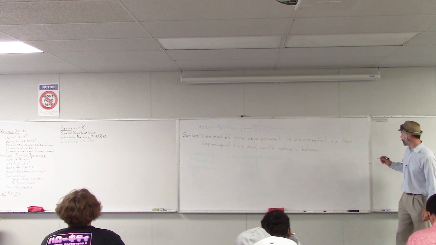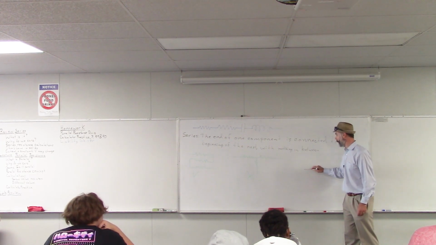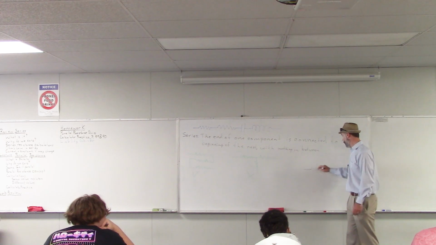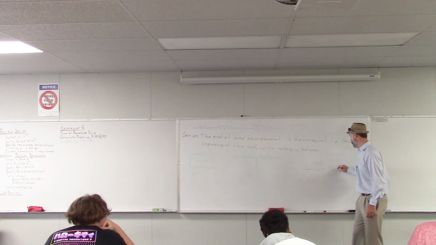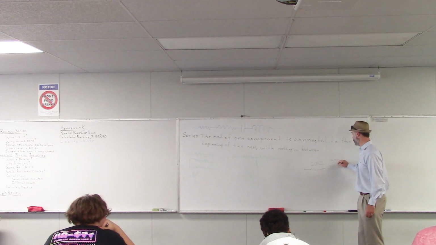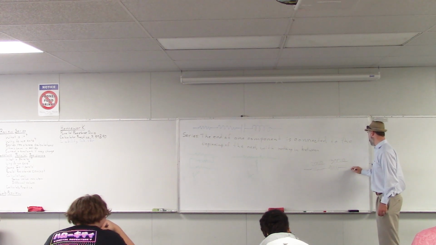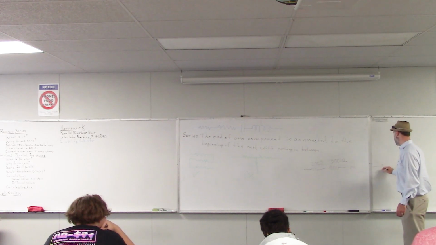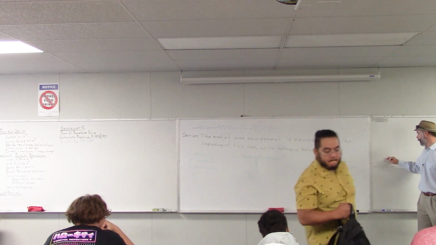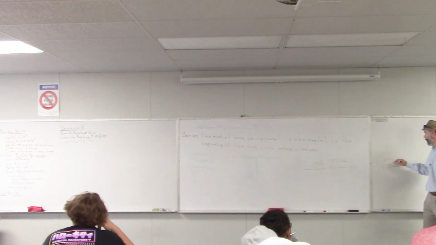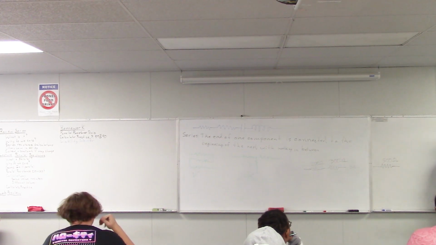So if you have something like this, and you have 200 ohms, and another one that is 300 ohms, that would be equivalent to a single resistor. And what would the value be for that one? Yeah, 500 ohms. Okay? So that's how we calculate resistance in a series circuit. Not much to it. Questions about that?